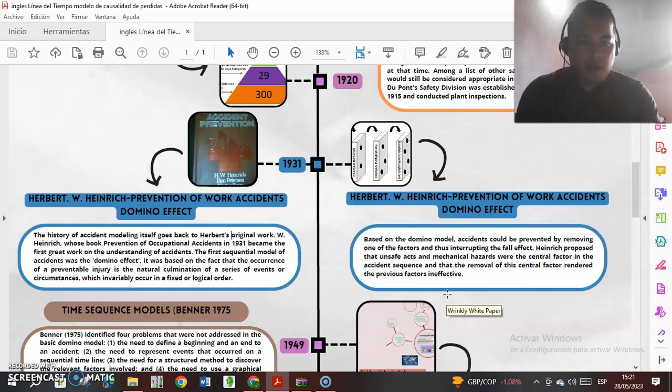Based on the domino model, an accident could be prevented by removing one of the factors and thus interrupting the effect. Heinrich proposed that unsafe acts or mechanical hazards were the central factor in the accident sequence, and the removal of this central factor rendered the previous factors ineffective.